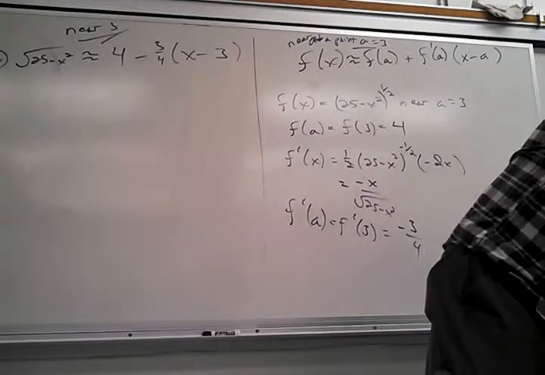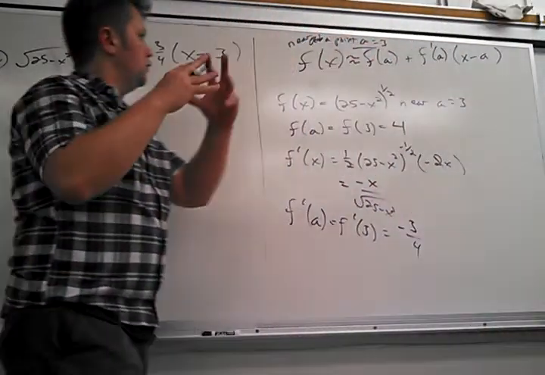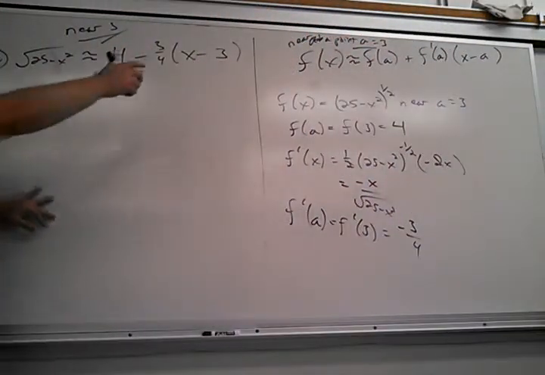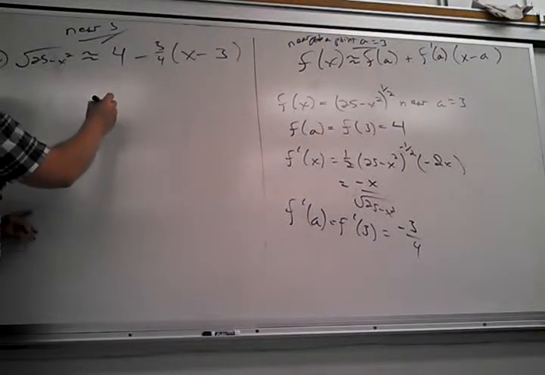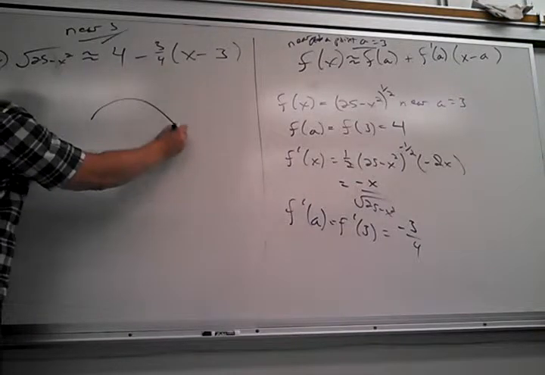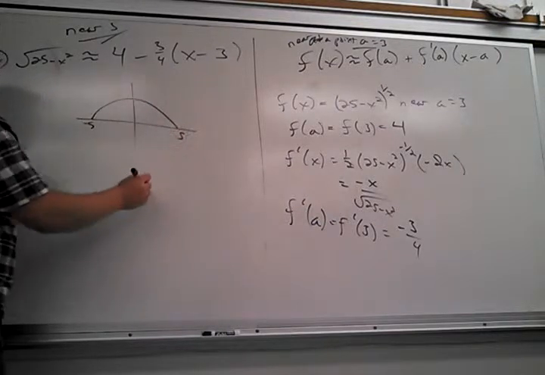All right, getting back to the problem. Illustrate part A by graphing f and the linear approximation. So if you just put that in your calculator, you'll see the square root of 25 minus x squared would be like the top half of a circle of radius 5. So if you graph that, it should look like this.